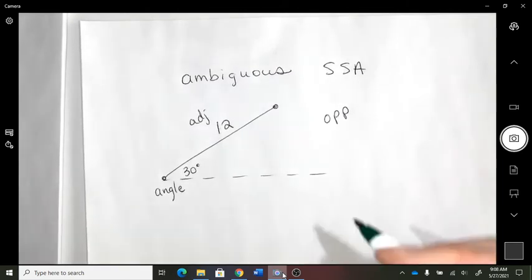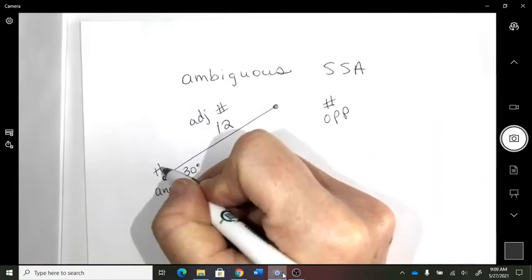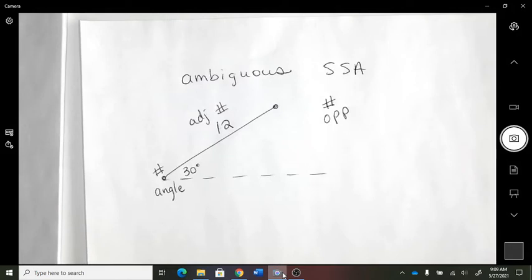So this is when I give you a side over here, and an angle here. There's three things that could happen. Actually, there's kind of four.